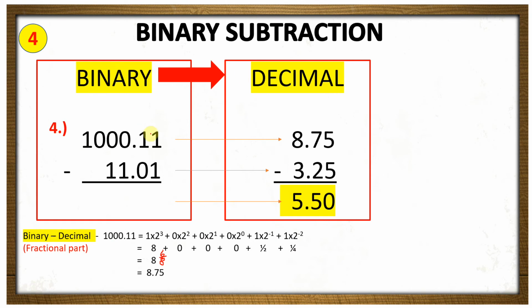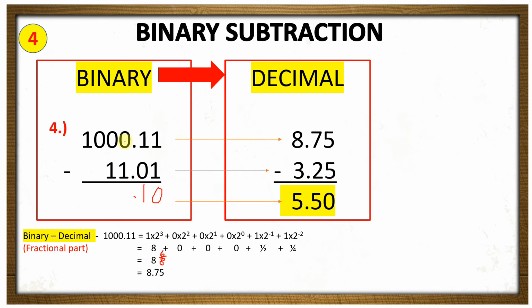Okay, so this time we have fractional parts, meaning as part of a whole, meaning less than 1 fraction. So the same, you just simply write the numbers in column and subtract by column. So 1 minus 1 is 0. Next, 1 minus 0 is 1. Copy the decimal.